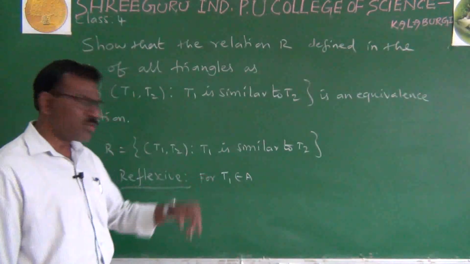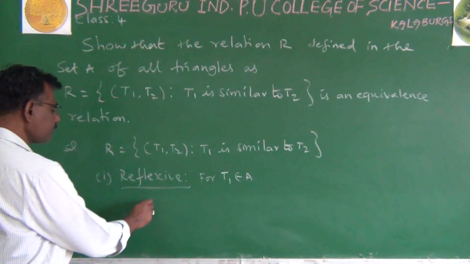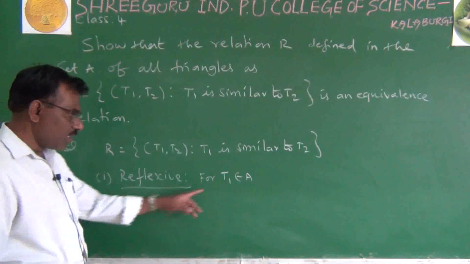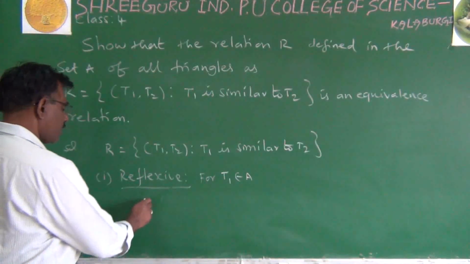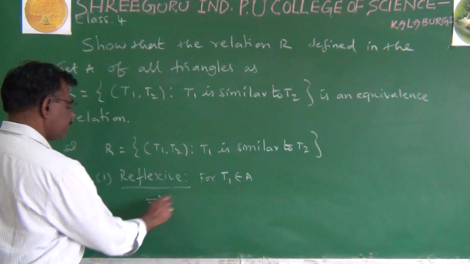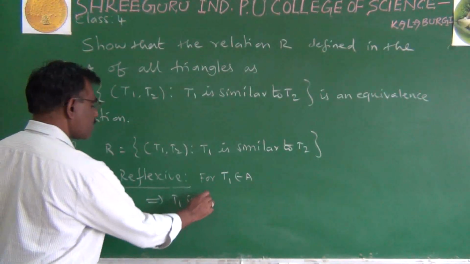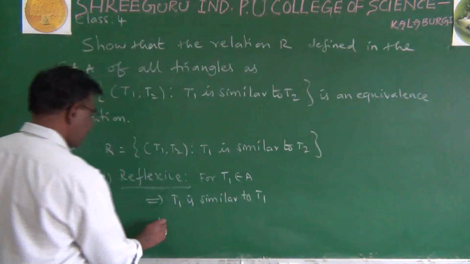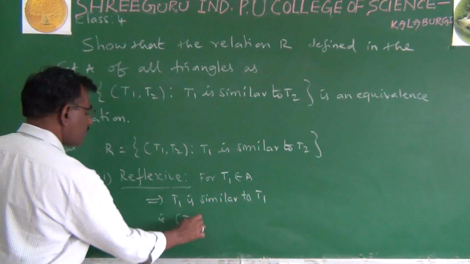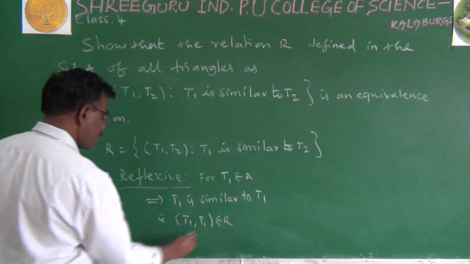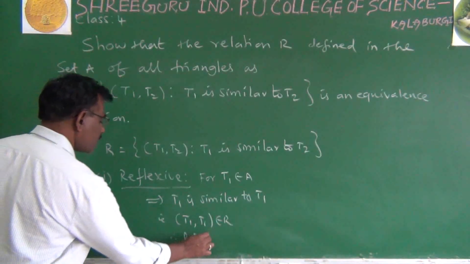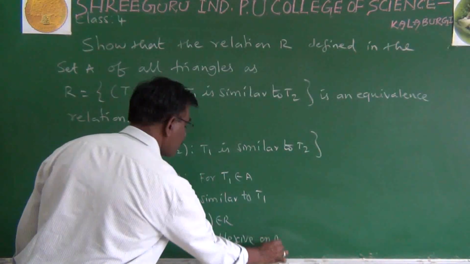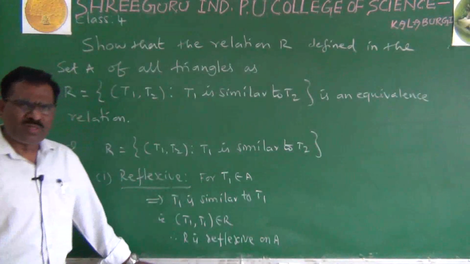So for T1 belongs to A, it implies T1 is similar to T1. It is T1 comma T1 belongs to R. Therefore, R is reflexive on A. Very simple.